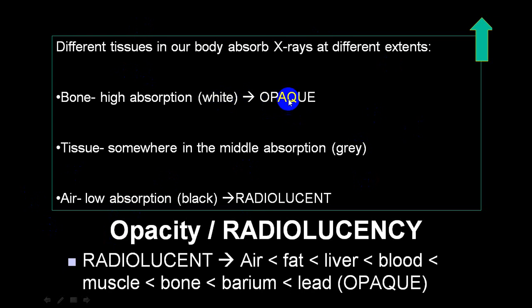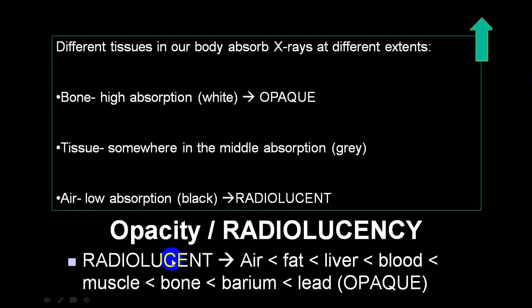So a thing which appears on an X-ray absolutely white, or what we call opaque, is usually a dense tissue like bone, while the tissue which partially allows the beam appears gray in color, and that which allows the entire X-ray beam to pass through is radiolucent; air has that low absorbent capacity.